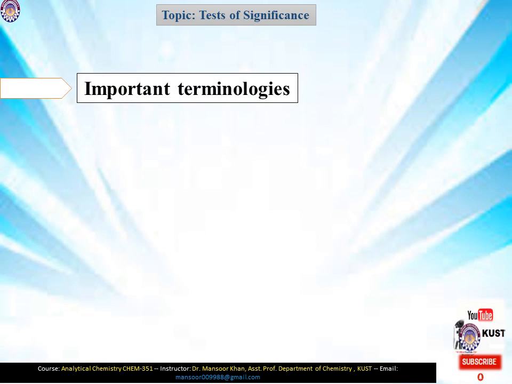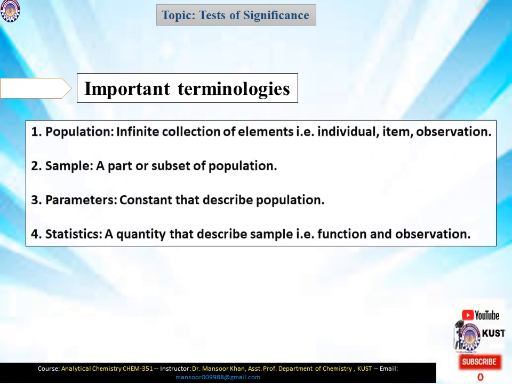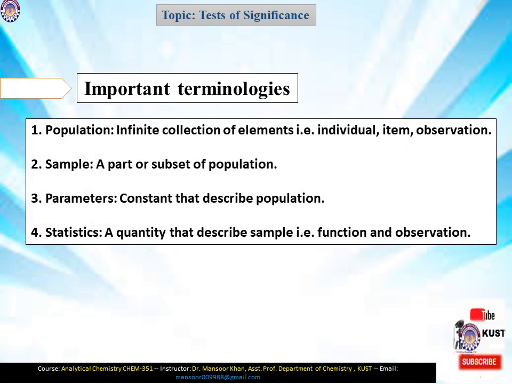So in the case of analytical chemistry, we will deal with experimental observations that we collect in the laboratory, for example, collection of soil samples. When the number of samples collected from the soil is too large, then it is called population.